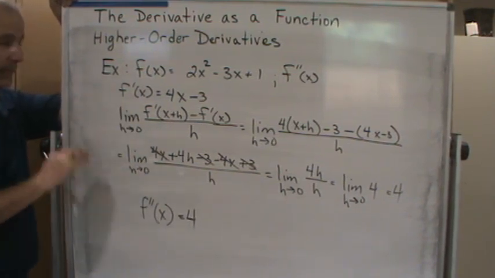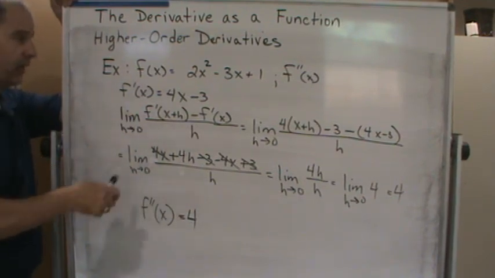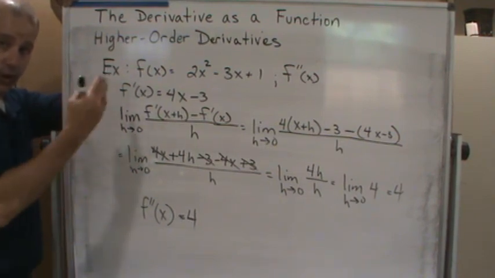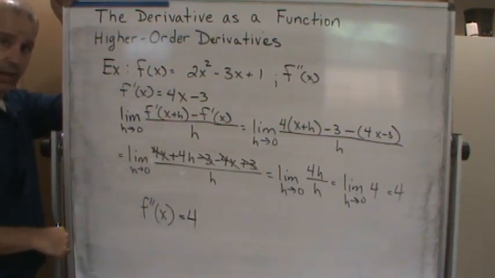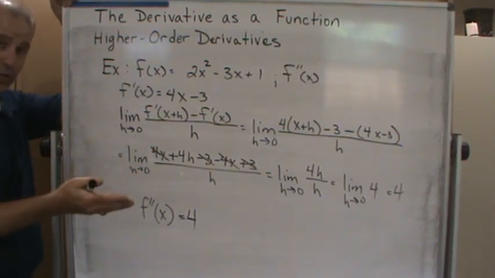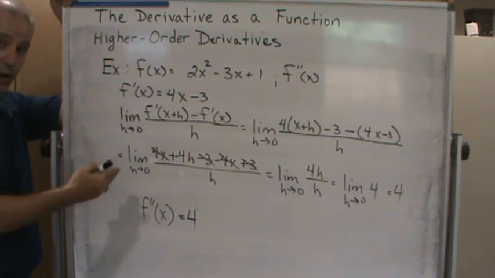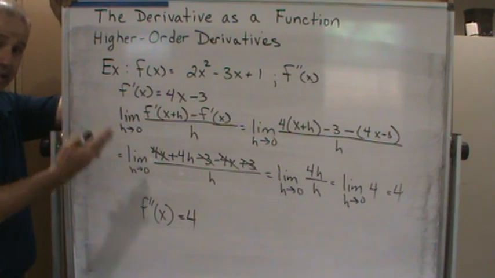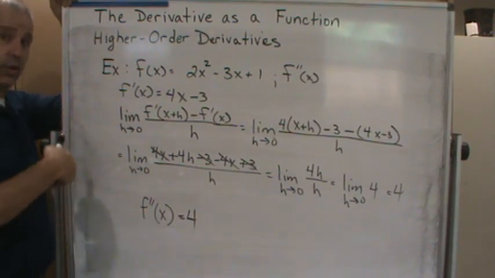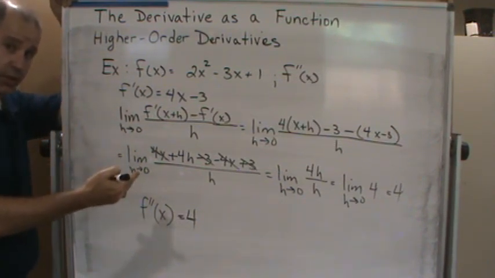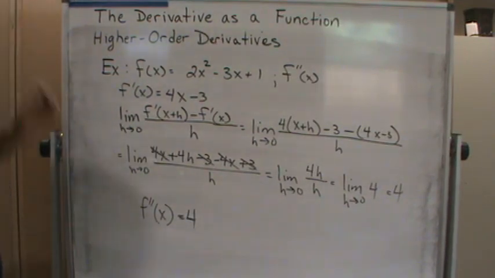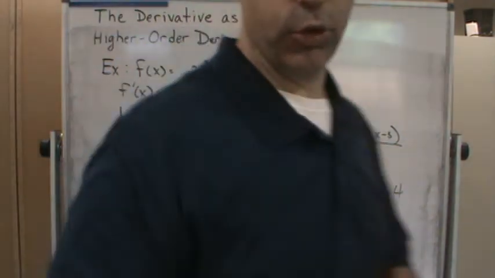Okay? In the case of a general function, the function tells you the value of the function at some value of x. The first derivative tells you the slope of the function for every value of x. The second derivative of a function tells you how the slope is changing for each value of x. Okay? That's it. Now we'll do another example.